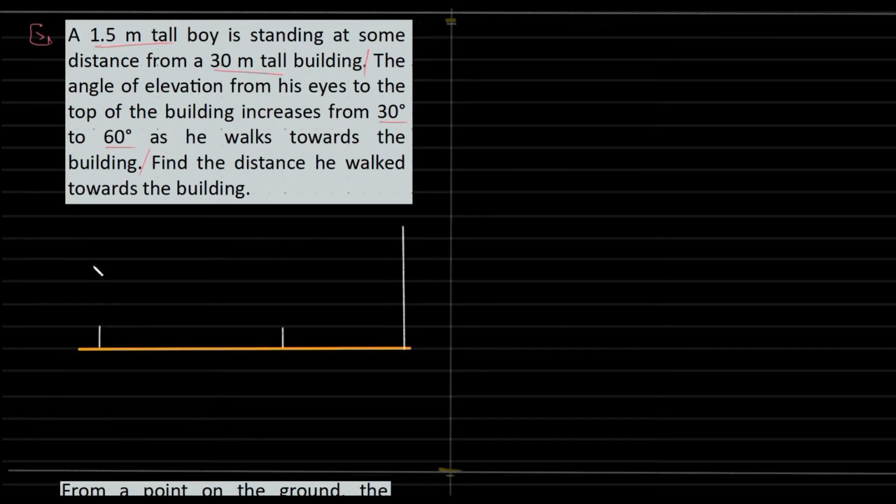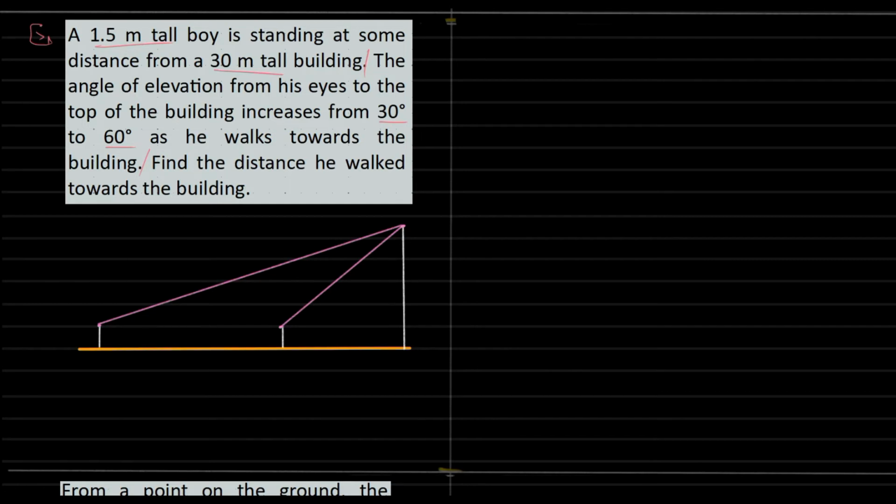First thing first, the structure, which we did. Second thing is we need to make a note of where and what is observed. So we are observing from two different points. Basically, my line of sight will look like this. I have two lines of sight because he walks towards the building and looks at it again.